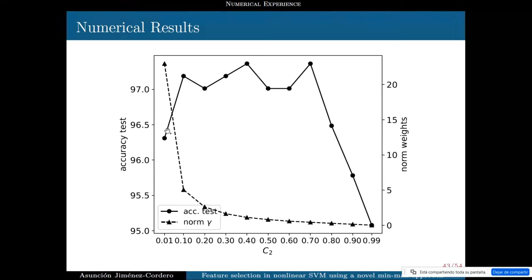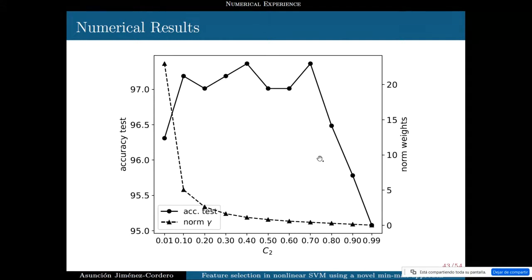But what I want to remark is that for lower values of C2, which correspond to very complex models, and therefore to models that behave very well in the training set but not so well in the test set, as can be seen here, and also that for higher values of C2, the model tends to have zero norm and therefore does not pay much attention to the classification accuracy. Now we have fixed one value of C2.